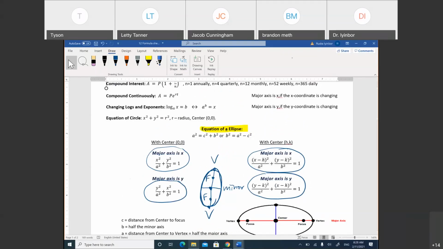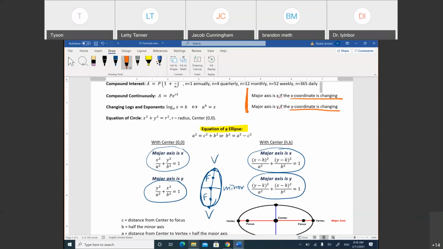Also, in the question, it's going to give you points, and from the given points, you're going to find if the major axis is X or the major axis is Y. And you know that if you look here. So major axis is X if the X coordinate is changing. Major axis is Y if the Y coordinate is changing. So if you have 2 points given, it's easy to see which coordinate is changing, okay?